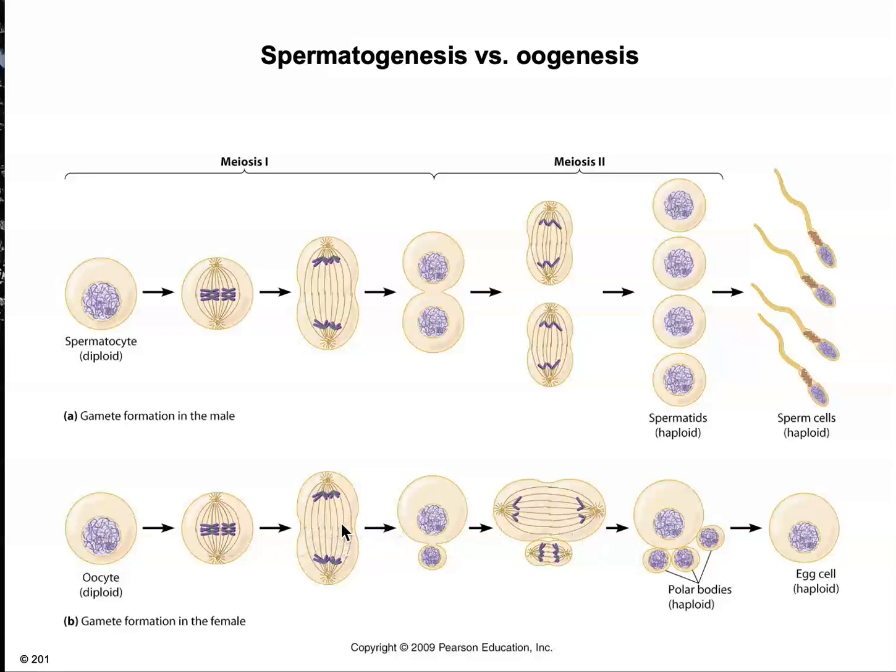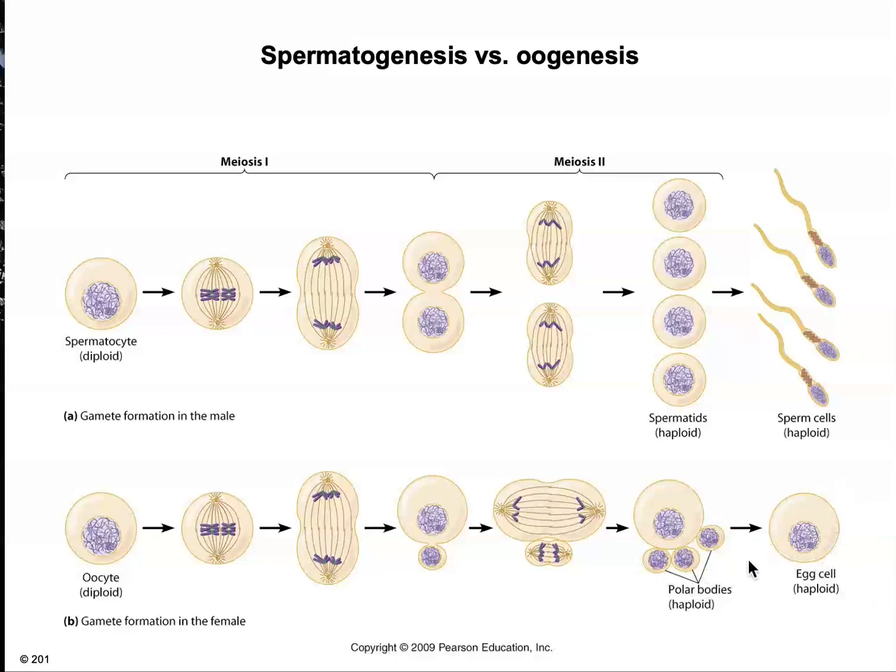And so you end up getting these 3 smaller haploid cells that don't have much cytoplasm at all, and 1 large cell that has most of the cytoplasm that was within the original cell that develops into the egg cell.